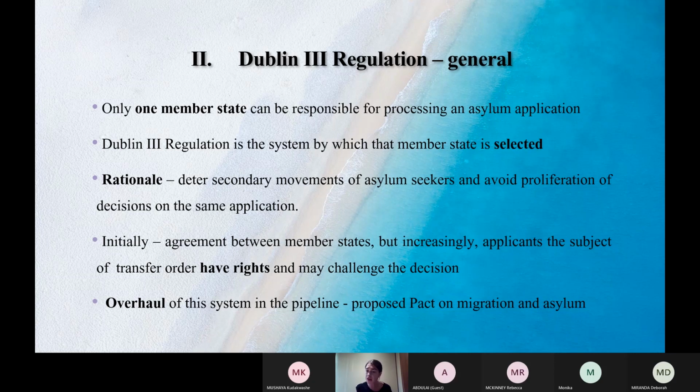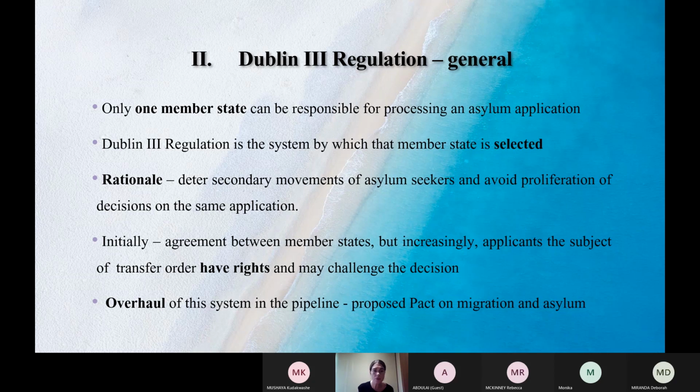The individual used not to have any right to contest that. Now, however, they do, and there was a series of cases that decided this. So if a person doesn't think the right criterion was selected or feels that the facts of their case weren't understood correctly, they can challenge that.